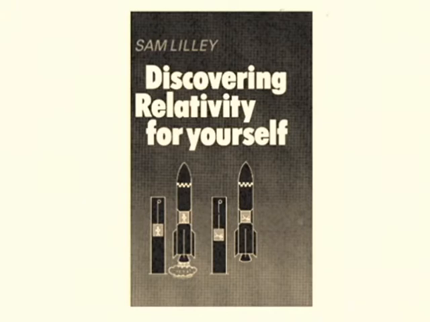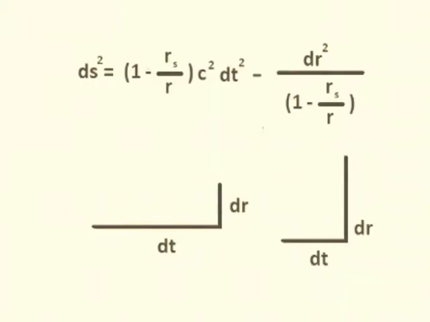Going back to ideas from Sam Lilly's book, it gives us a kind of formula for what a geodesic on this metric is, and I'll attempt to justify that idea somewhat. If you draw a graph with an r-axis and a t-axis, you can think of dr and dt as infinitesimal distances on this graph.